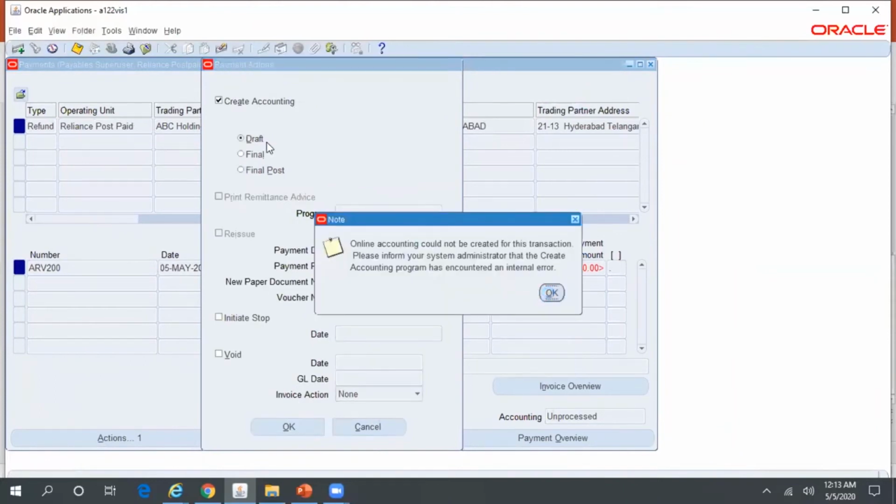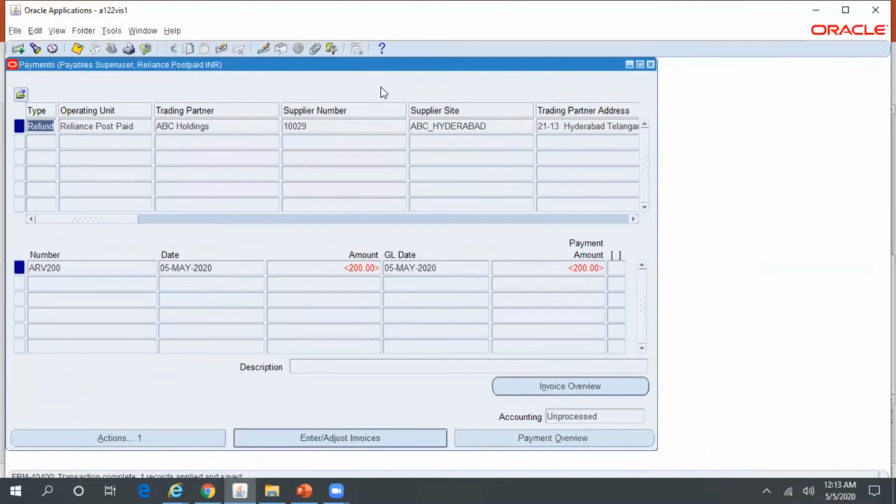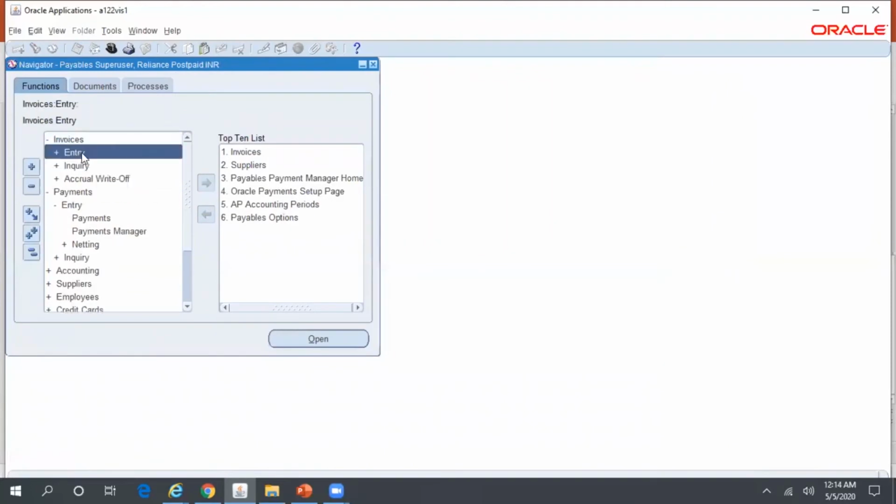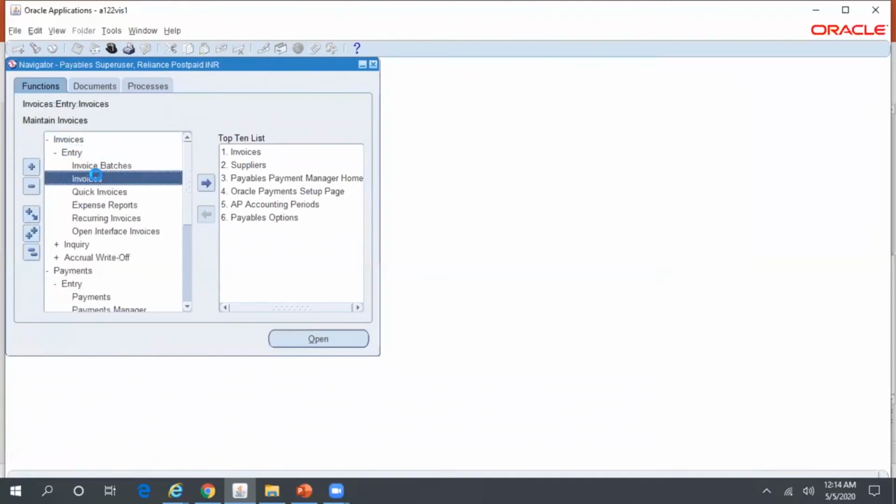Okay, it's still throwing the same error. And this is the payment, right? Okay, sorry, I think now I realized. First of all, I need to create the accounting of the credit memo and then the payment. So let me first do a Create Accounting of the credit memo.